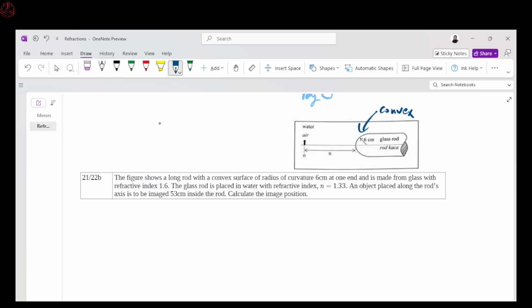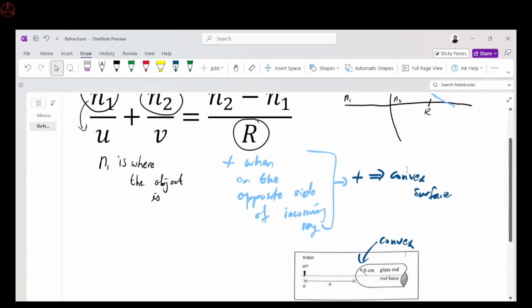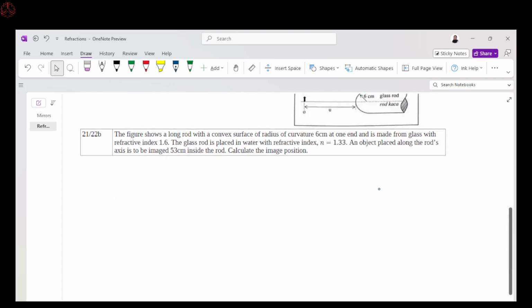If it is convex, as we've covered just now, then my r is going to be positive. So I can immediately write down here that my r is going to be positive 6 centimeters. And then at one end, it is made from a glass with refractive index of 1.6.